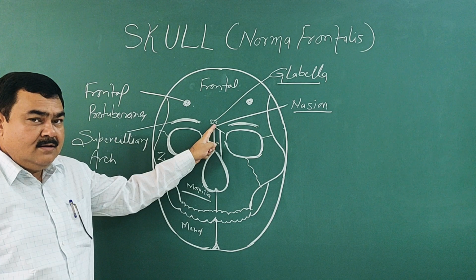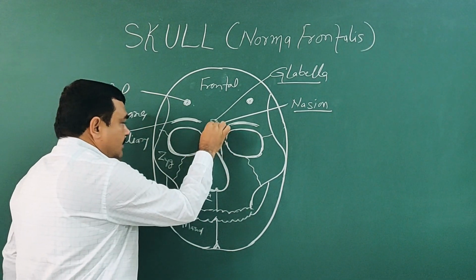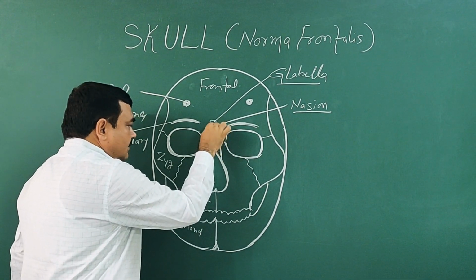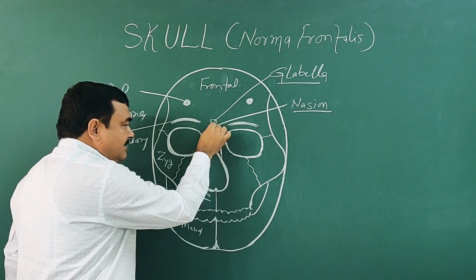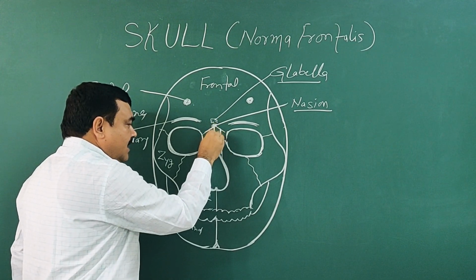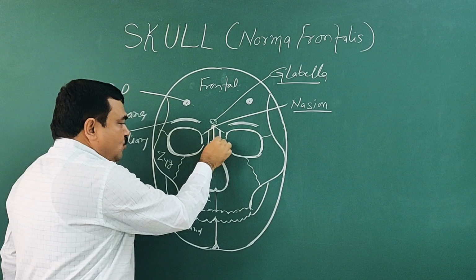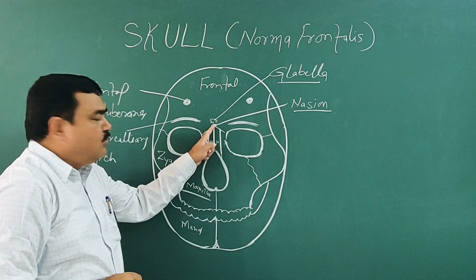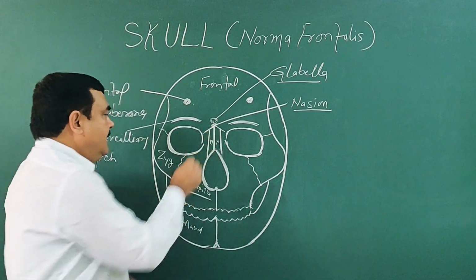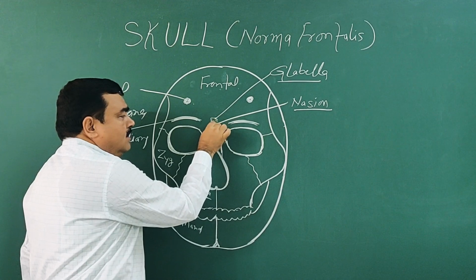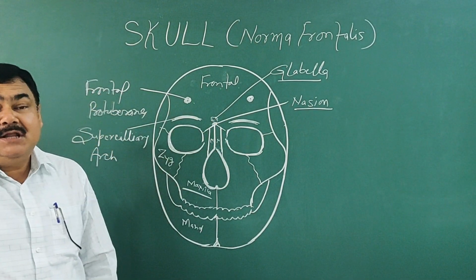Here is the internasal suture. So the two nasal bones and the frontal bone join here and form the nasion.